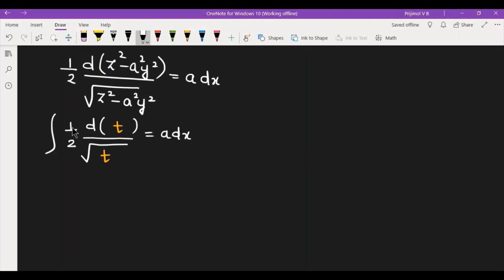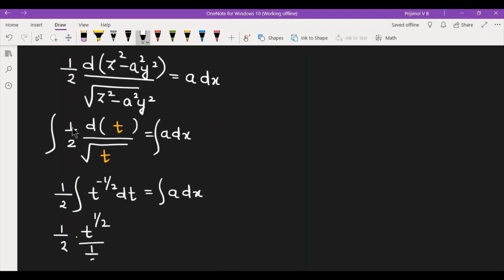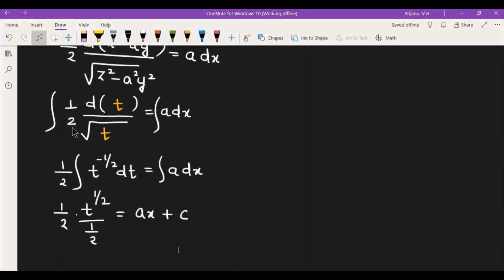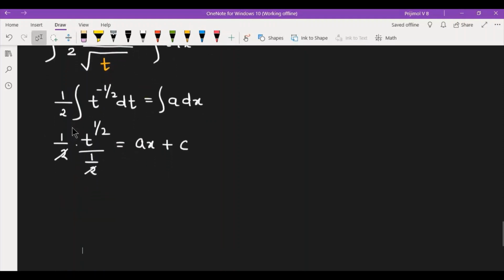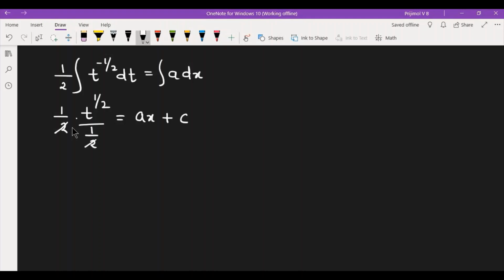So when you integrate this, you get 1 by 2 integral of t raised to minus 1 by 2 dt. So 1 by 2 t raised to half by half is ax plus an integrating constant c. Cancel the terms. So you get your answer as root t is ax plus c.